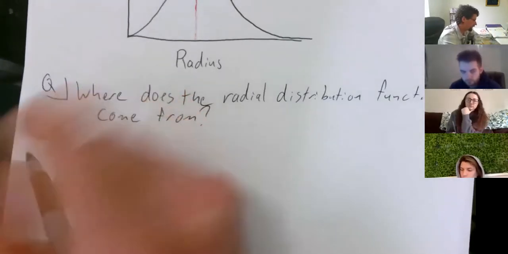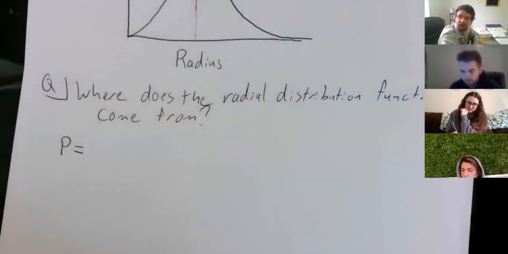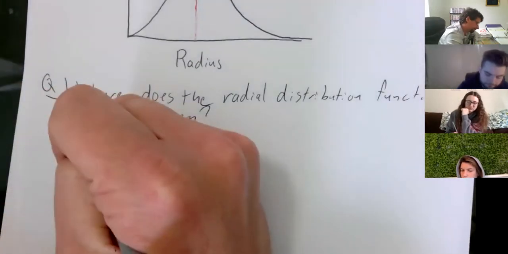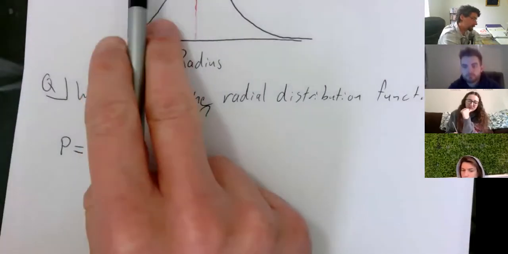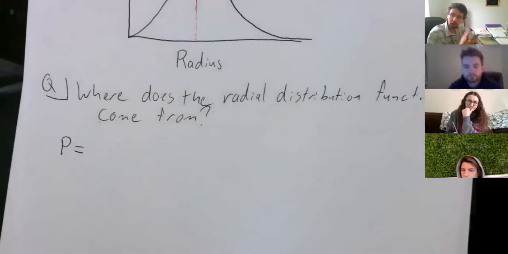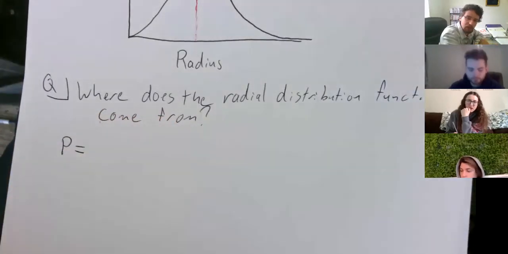So where does probability come from, or how do we determine the probability of finding an electron at a certain point? We could use the equation, and we'll talk about that in a minute, but generally, how have we always done it in this class? We want to find probability. What's the normal probability equation?